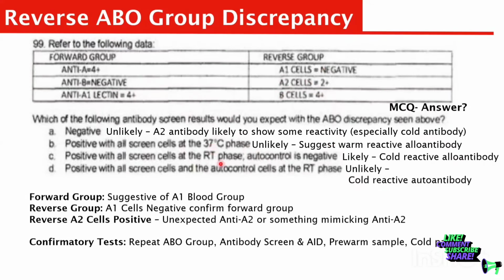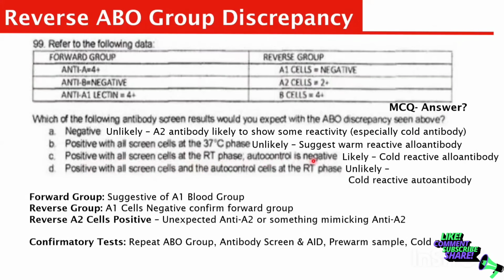And of course I've said that this very antibody A2 is commonly expressed at room temperature, compared with A1, which is strongly expressed at 37 degrees. So that's why I'm going with positive with the screening cells at room temperature, meaning that the antibody we're seeing here is actually a cold antibody that is positive in all the screening cells at room temperature.